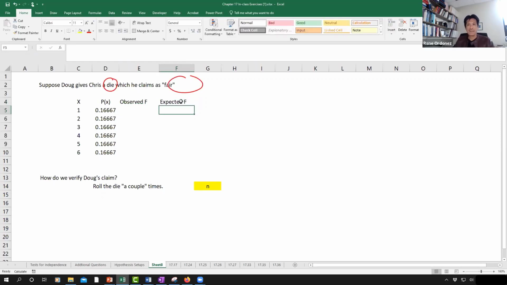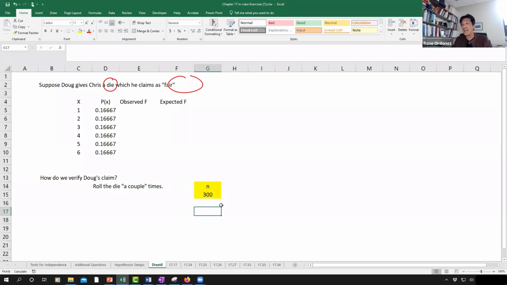Based on what we learned in chapter 10, when we talked about estimating sample size, the minimum sample size to estimate the probabilities, let's just say that the sample you have determined is 300. I'm just throwing this number out there.